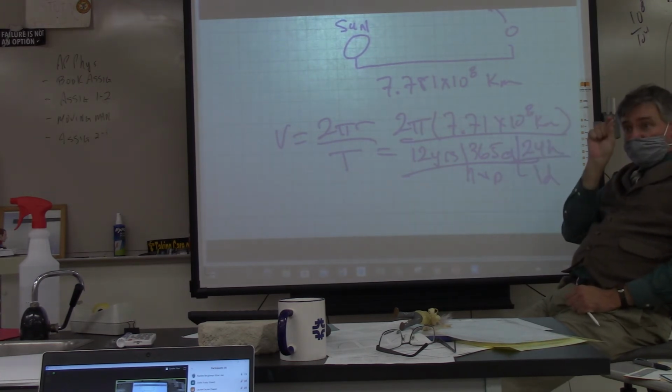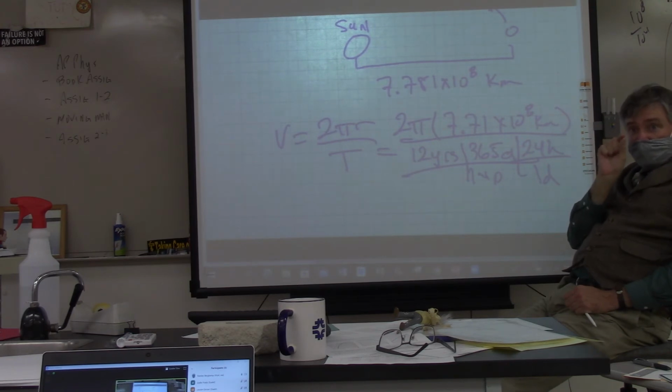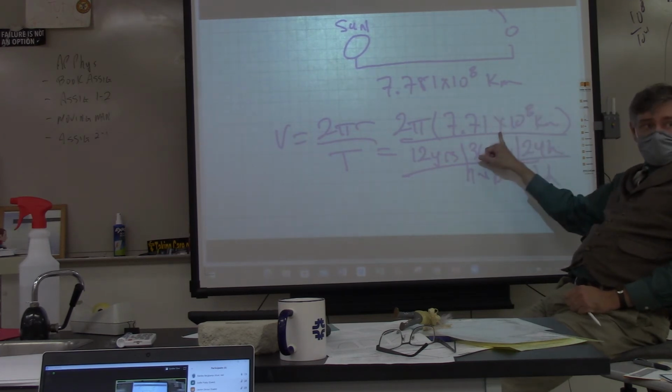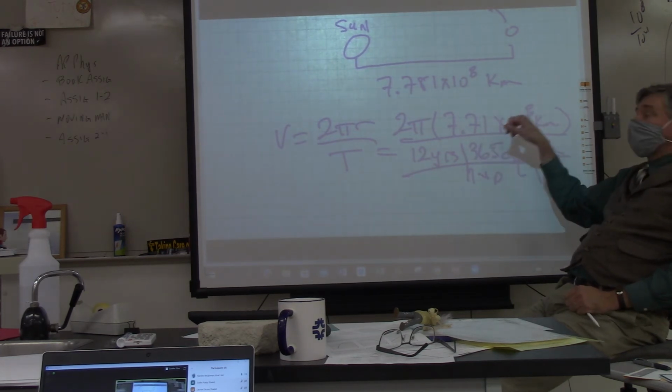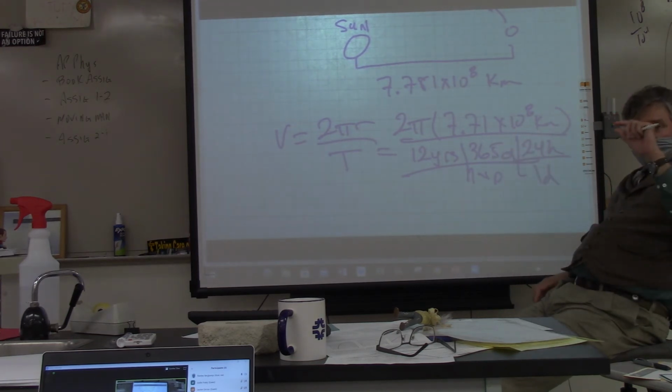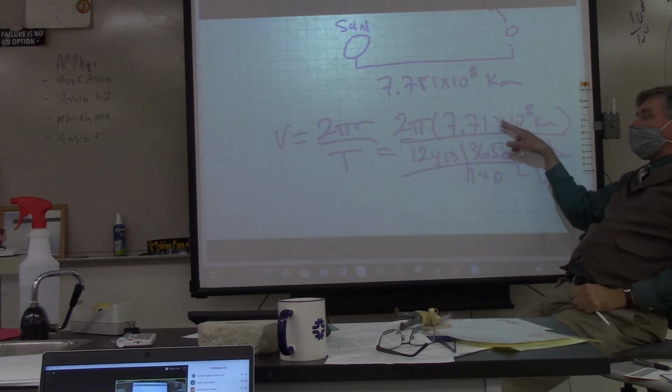You should have an EE key on your calculator, because if you type in times 10 to the 8th, it's going to completely screw up your order of operations. So be very careful about this. Sometimes it's a second function EE, but that EE takes the place of the times 10.